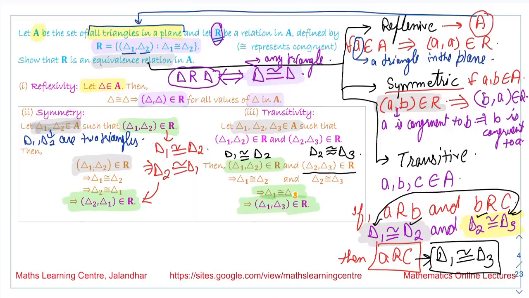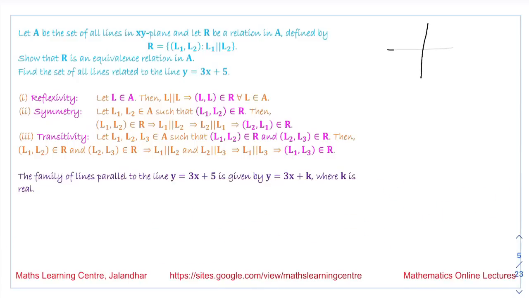Next we have: let A be the set of all lines in the xy plane. Suppose this is the xy plane, this is the x-axis, this is the y-axis, and we are talking about all the lines in the xy plane. Now the relation R is defined in A like this: the pair L1 and L2 belongs to R if L1 is parallel to L2.